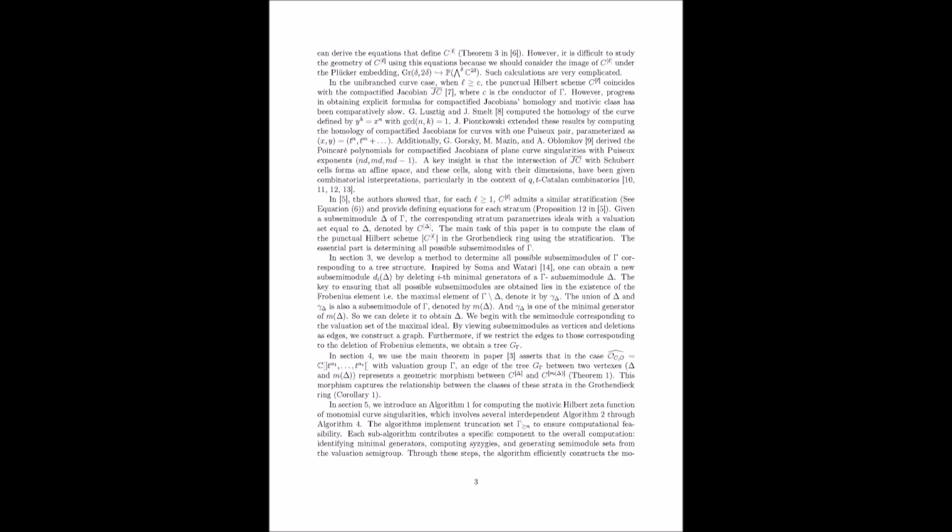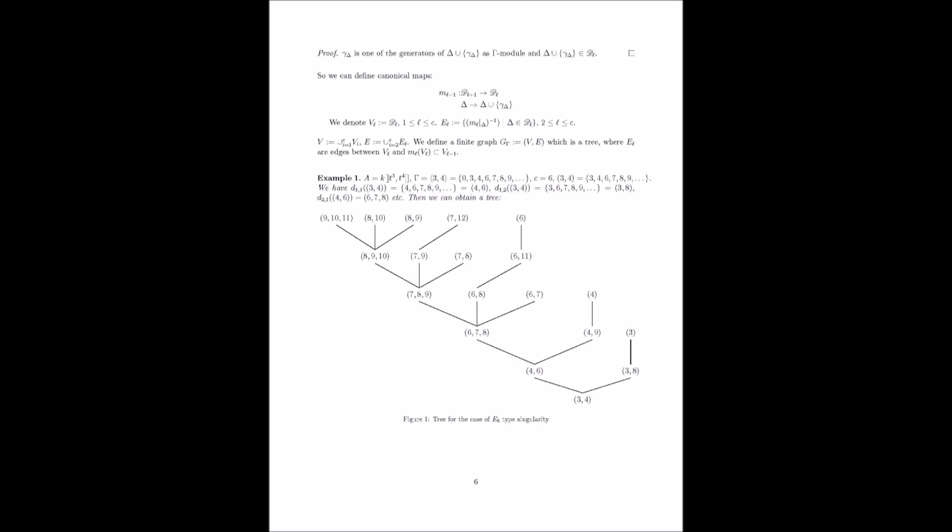But before we calculate all of the Motivic classes for our example, I think it's important to zoom out for a minute and talk about why we are doing this. What is the point of calculating the Motivic Hilbert zeta function? It's not just about numbers and formulas. The Motivic Hilbert zeta function really gives us a lot of information about the geometry of these curves and these singularities.